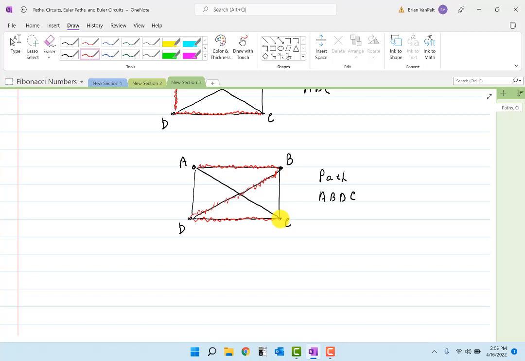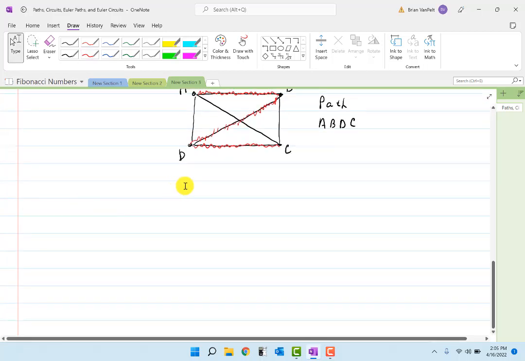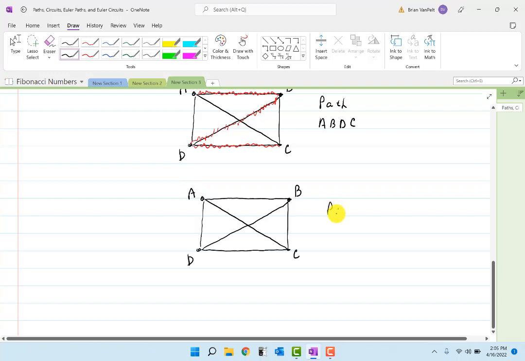You can reuse vertices, but not edges. This path, for example, is not permitted, where you'd go to A, go to B, and then somehow come back to A. That's not allowed.